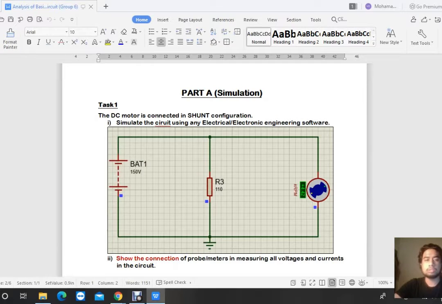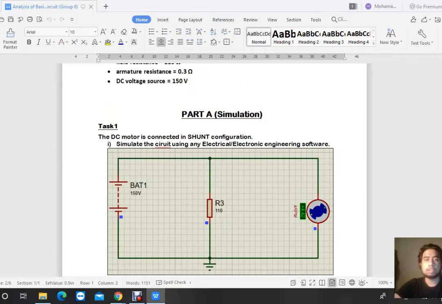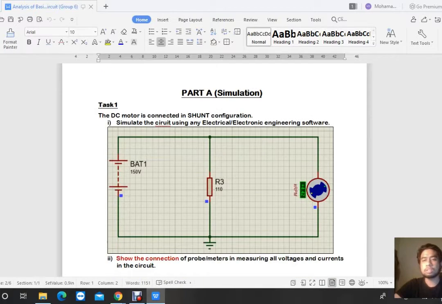This is the voltage source, 150 volt. After that, for the field resistance, we use the resistor 110 ohm, and this is the armature resistance. So this is the result that I got.